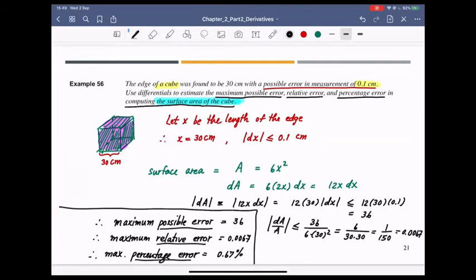So the idea is you just need to find the possible error first, and then if you want to compute the relative, you just compare it relatively to your original function. All right, and that is another example of using differentials for approximations.